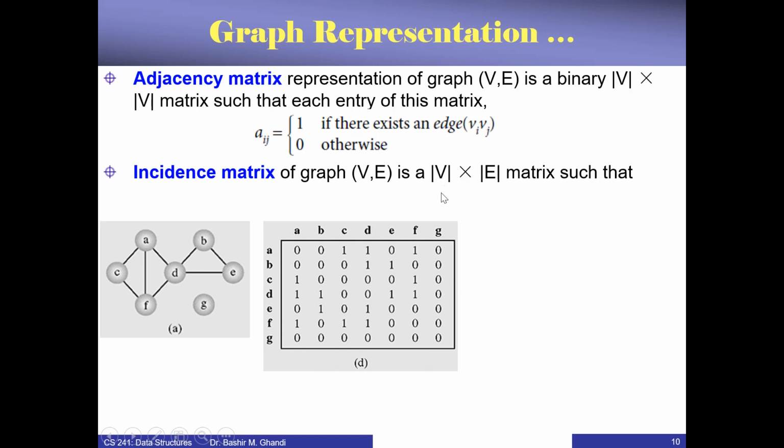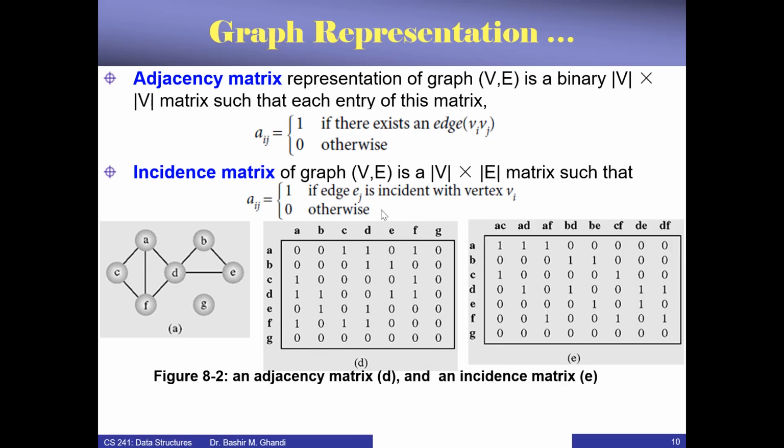No, it's going to be of size V times E. Okay, number of vertices times the number of edges. Where we put again 1 if there is an edge Ej incident to the vertex Vi. Otherwise, we put 0.